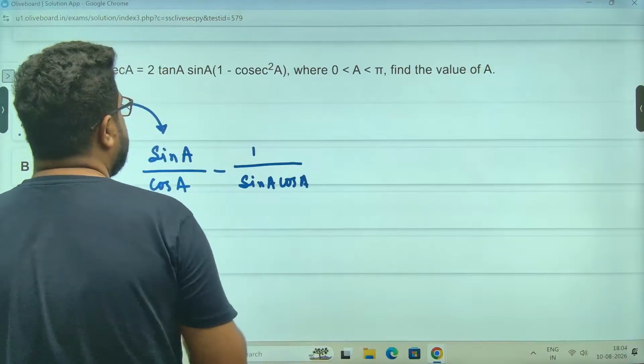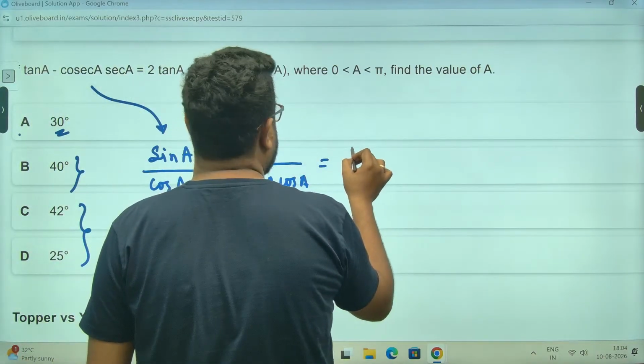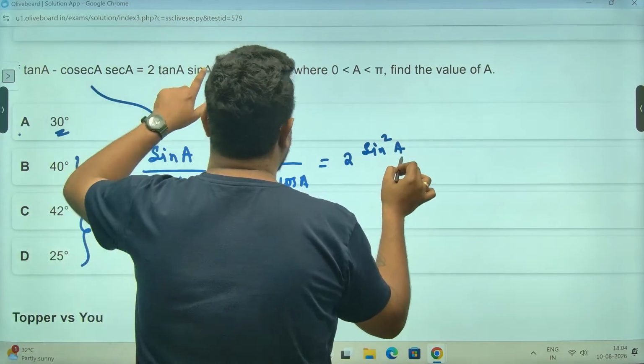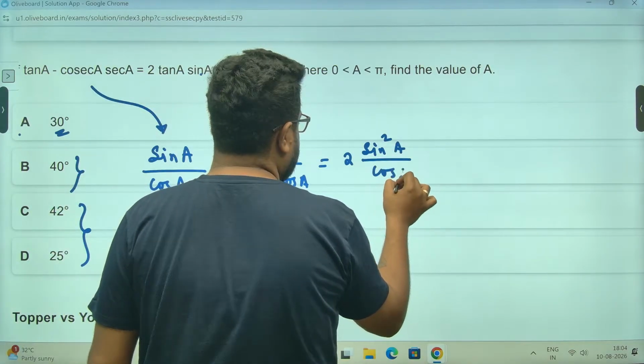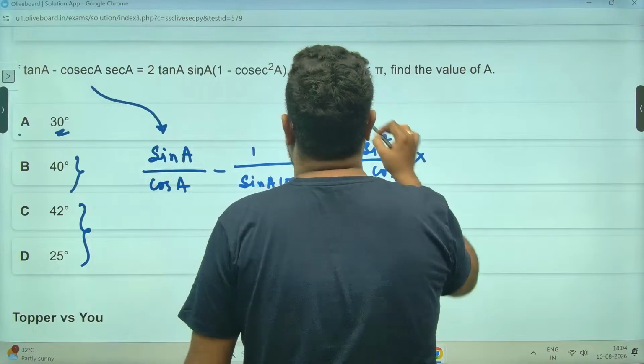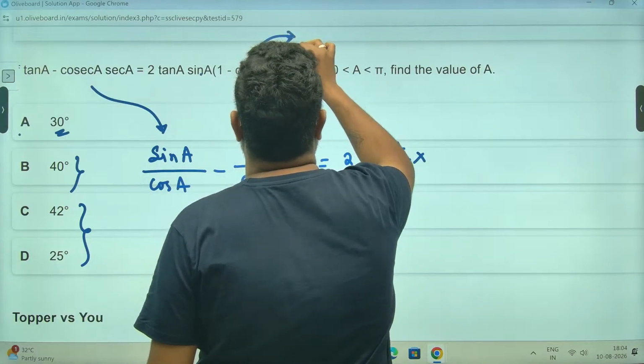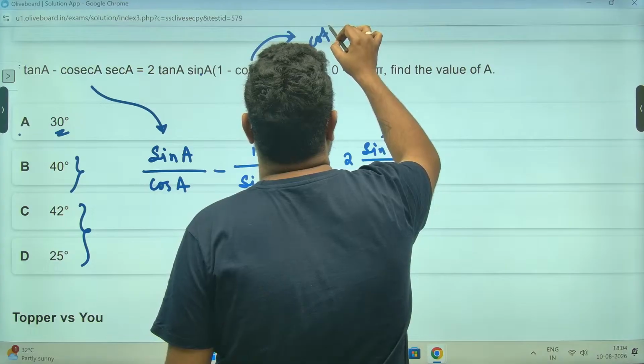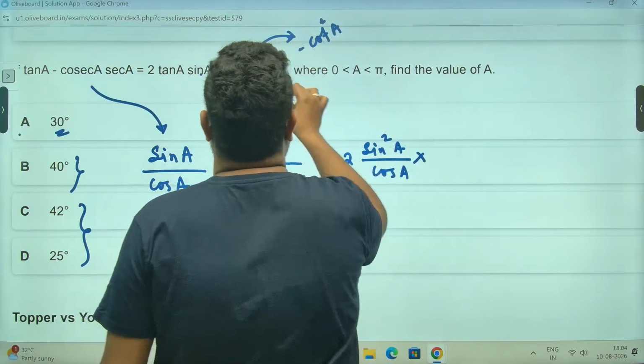Right. Is equal to 2 tan A, 2 sin square A, because there is another sin A by cos A. And 1 minus cosec square A is minus cot square A. Right? Because, sir, 1 minus is there.